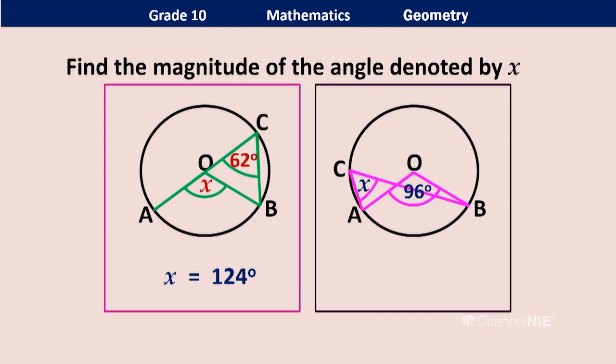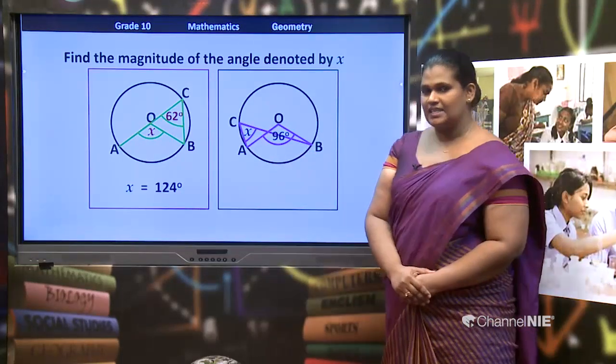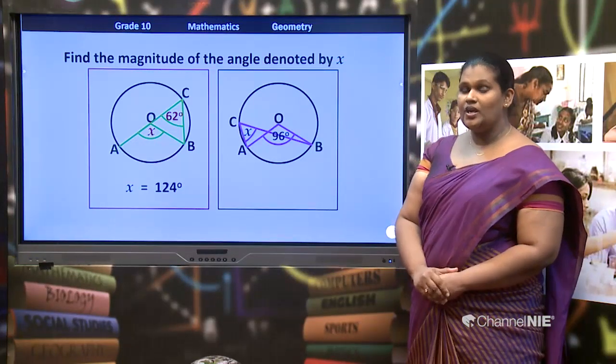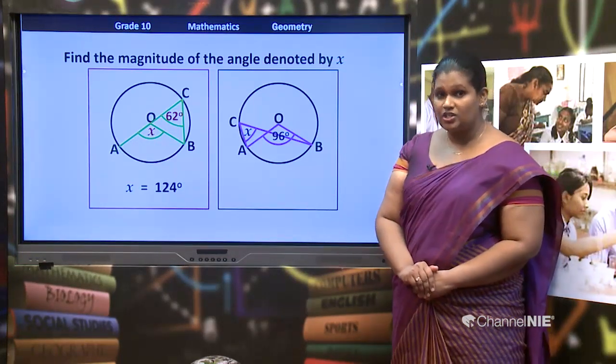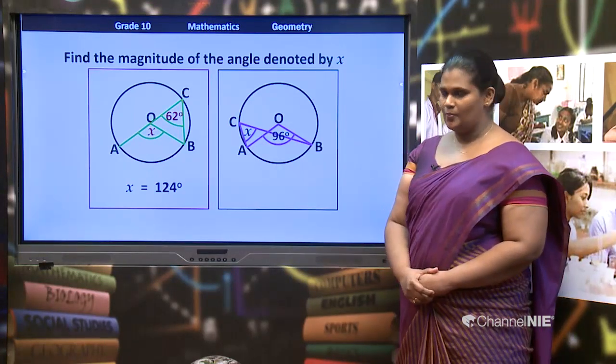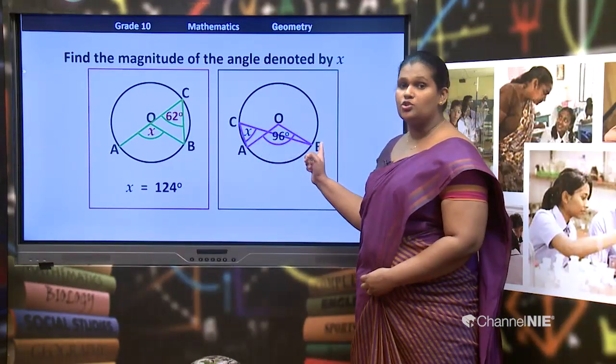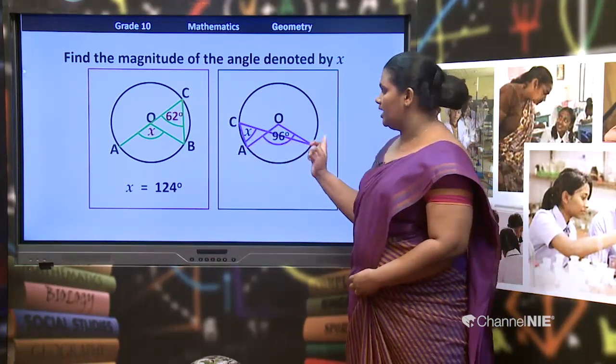And we can observe angle ACB is an angle subtended by the same minor arc at the remaining part of the circle. So, once again we can construct an equation when we consider the theorem we have learnt right now. So, we can say angle AOB is twice angle ACB.